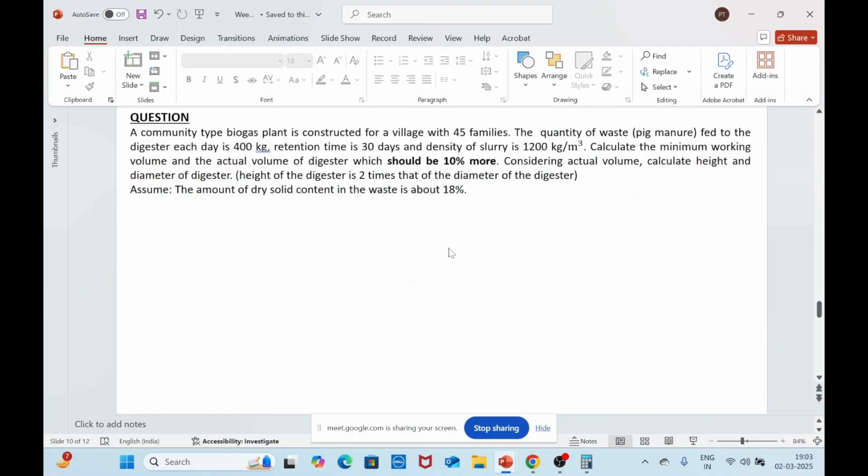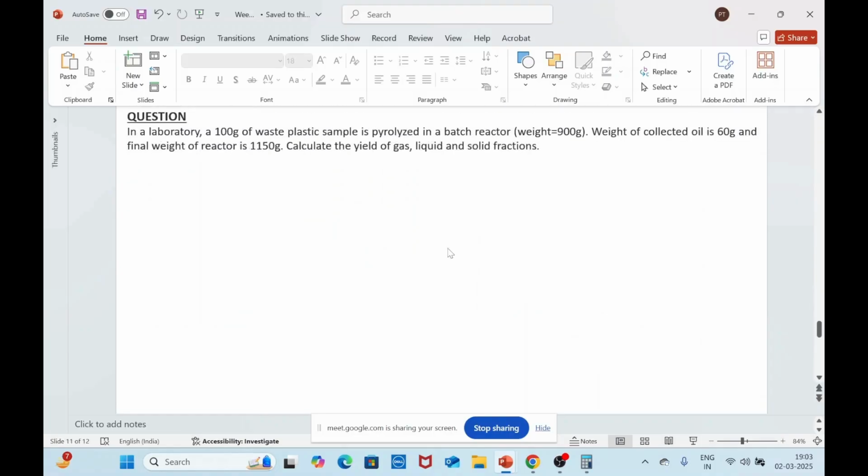Last week we didn't discuss one particular question, which I want to share here. This is the last question for today. In a laboratory you have 100 gram of plastic waste, and you are pyrolyzing that in a batch reactor which weighs approximately 900 grams. The weight of the oil collected is 60 grams, and the final weight of the reactor is 1150 grams.